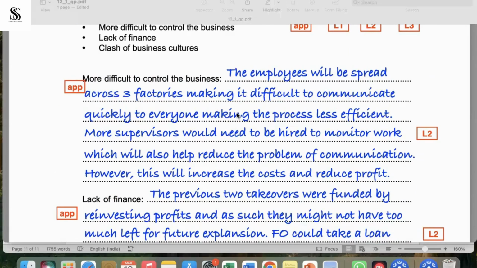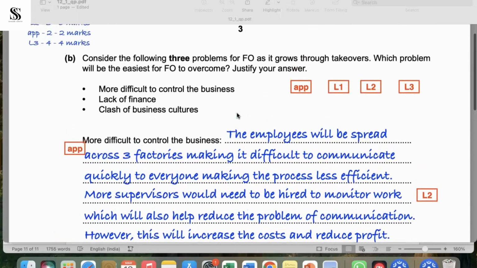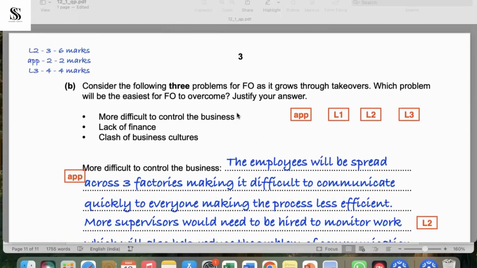So that is a minimum requirement for you to access marks for the level 3 also, right? So while you understand that this is complex, I would just suggest that you focus on this mark scheme. Just focus on getting 3 L2 statements, focus on getting 2 applications and 4 L3, and you're home and dry.